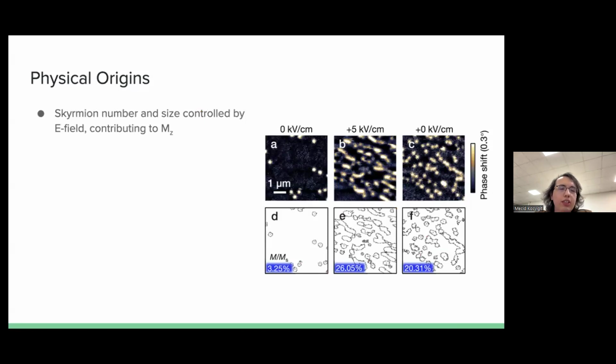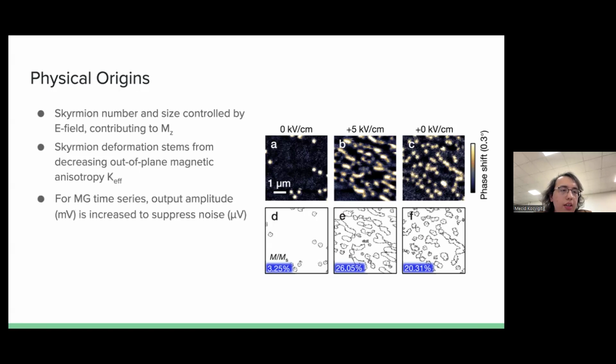The physical origins can be seen in these slides. In the Skyrmion state, the Skyrmion number and size are controlled by the applied electric fields through the inverse piezoelectric effect, as we have seen before. And the increase in the Skyrmion size and number contributes to the magnetization and therefore the output Hall signal.